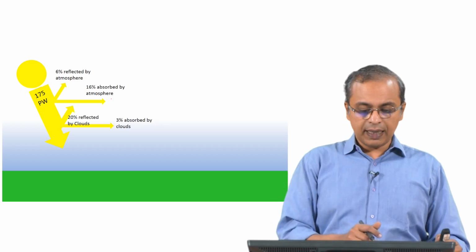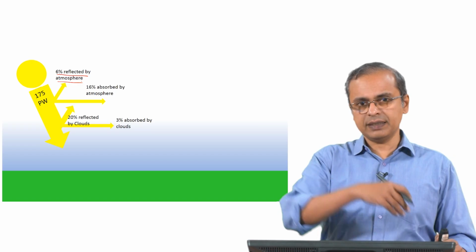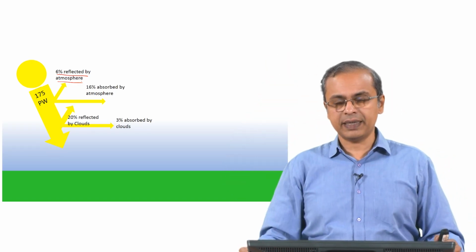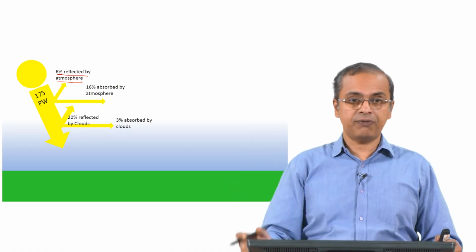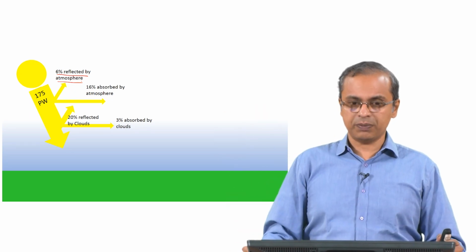Okay. So, as I said, the original 6% is being reflected by the atmosphere itself. It is the various layers of the atmosphere, just the fact that it has some material in it, it has air molecules in it, it may even have some fine dust in it, a lot of different things may be there. In the end, that is bouncing light off of the atmosphere.